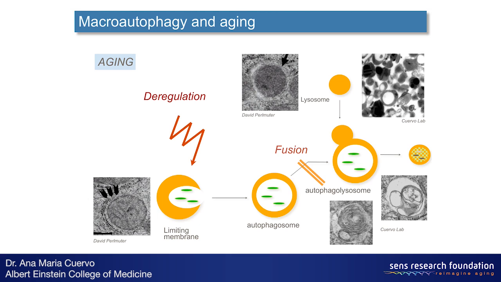However, it has been shown that the few autophagic vesicles that form remain in the cells longer because they cannot be properly eliminated by lysosomes, in part probably because of the accumulation of this lipofuscin or undegraded products inside the lysosomes. In the case of chaperone-mediated autophagy, we have also shown that the activity of this pathway decreases with age.